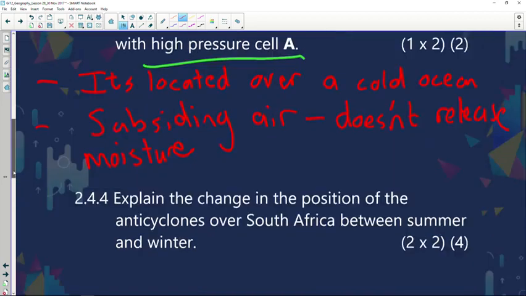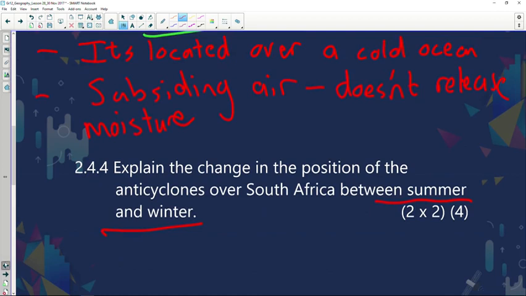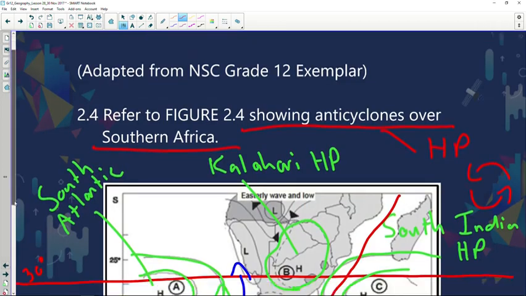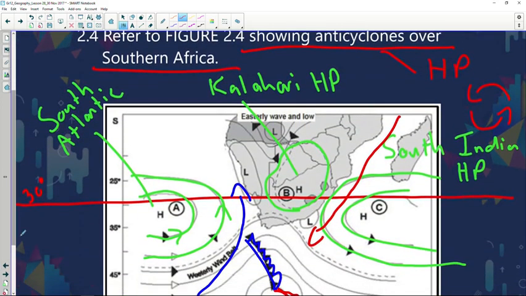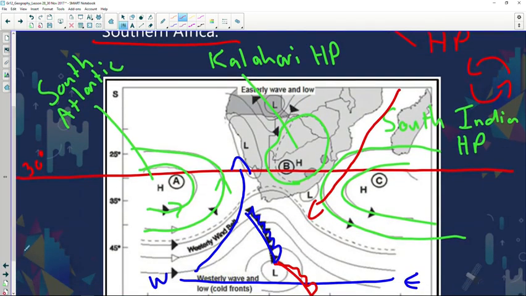Okay, if you look at our next question, explain the change in the position of the anticyclones over South Africa between summer and winter. Excellent question. Let's quickly go and have a look at it. Now, if you look at the synoptic chart, this figure is showing, not really a synoptic chart, but it shows us the anticyclonic circulation taking place.